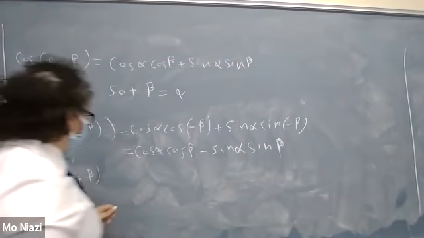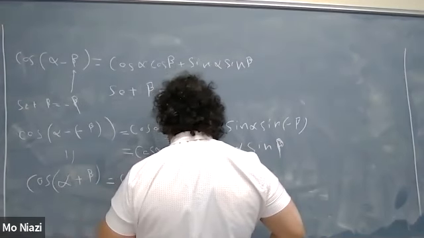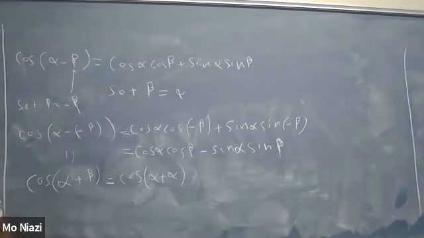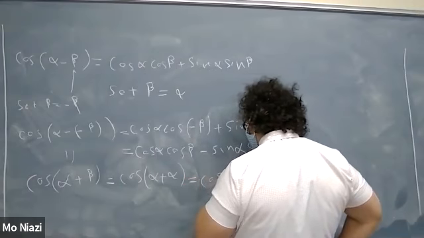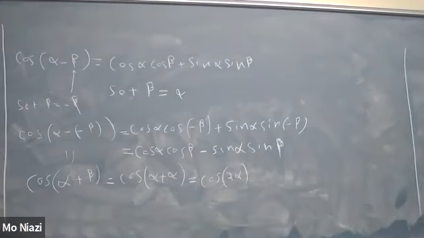Then this equation would become cosine of alpha plus alpha, right? Which is cosine of 2 alpha. Prepare yourself to discover a new identity, the double angle formula.